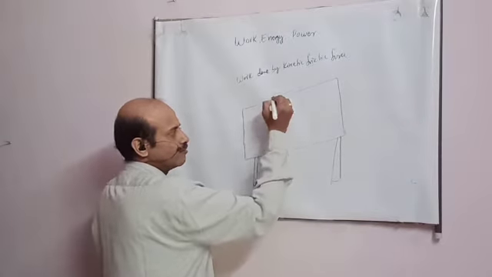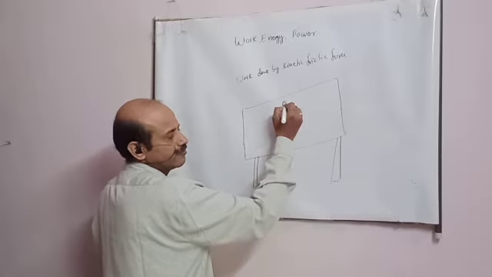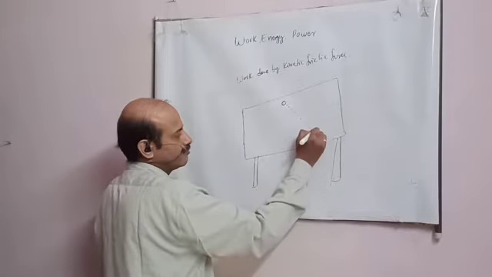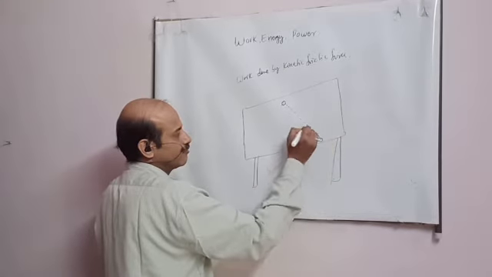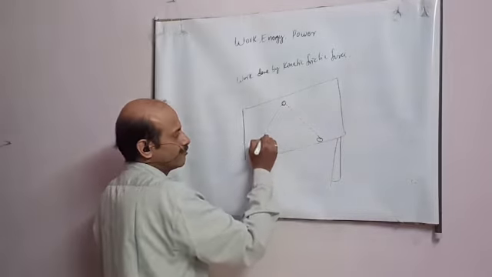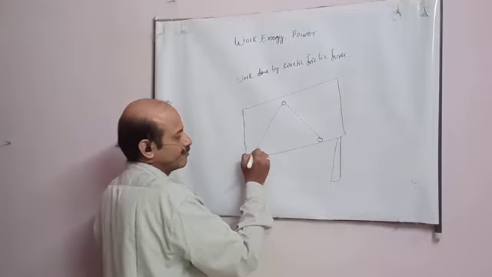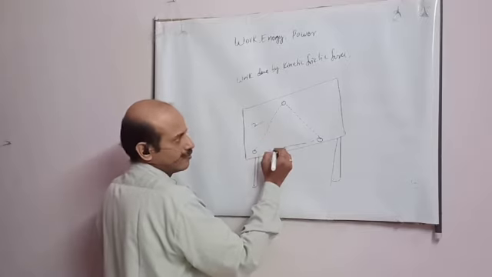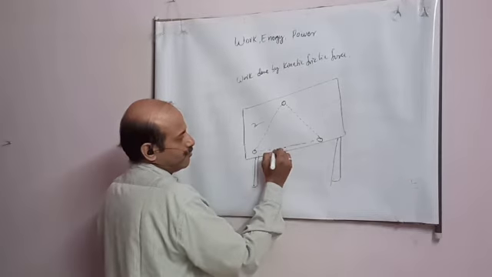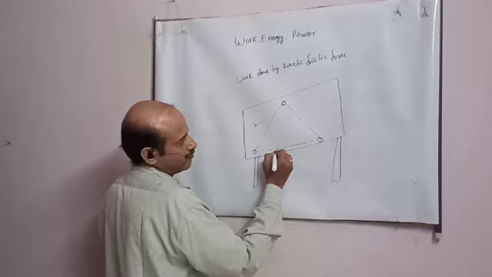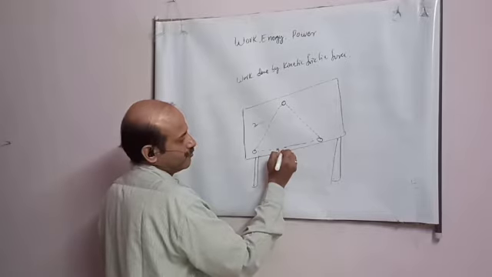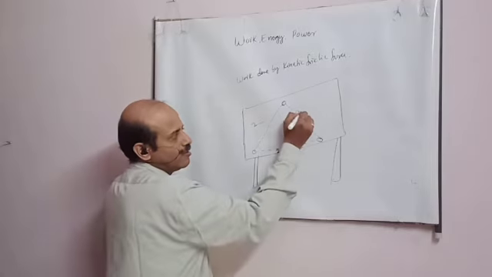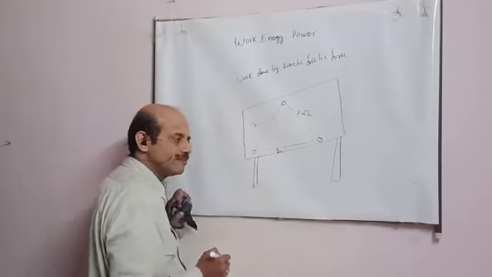One ball is brought from here to here. This is 2. And suppose this length is 2. Okay.